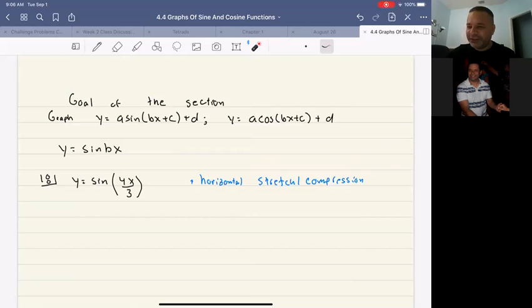That's going to make a little more sense when I do the problem. So let's take a look at this thing. The first thing we have to ask ourselves is, what is our period? I'm going to show you the thinking that goes into it, and then I'm going to show you how I actually do it.